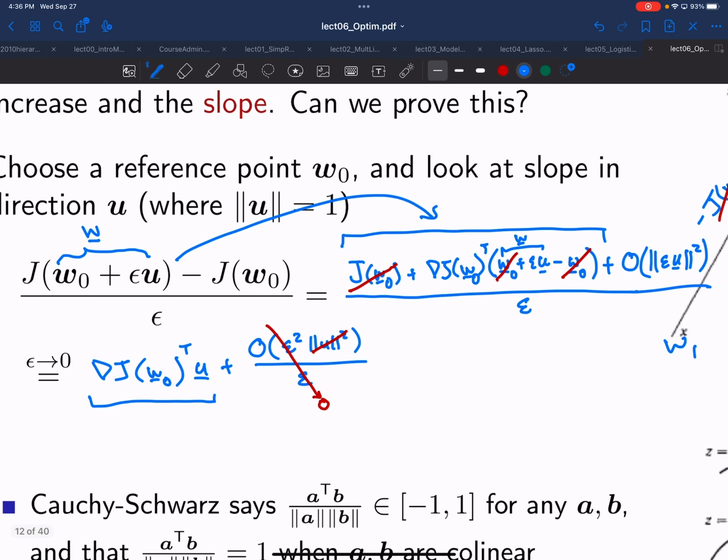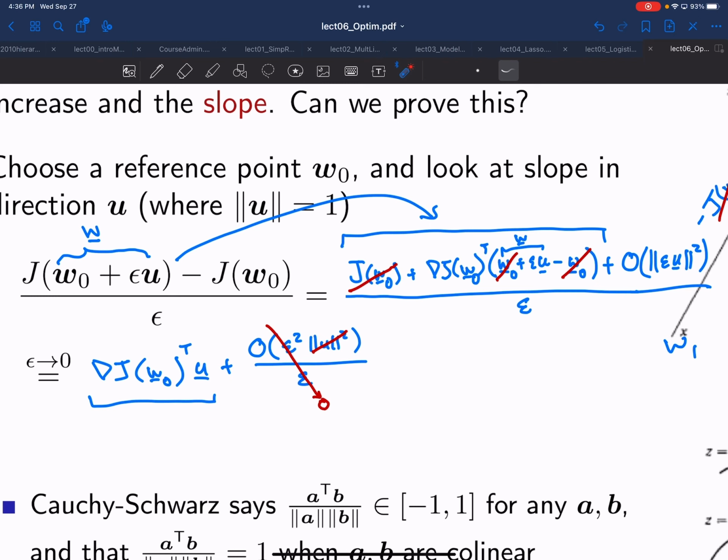And that is the notion behind these directional derivatives: you take an epsilon small step in some direction, and then you divide the change in height by epsilon, and you look at what happens when epsilon goes to 0. So in doing this, we basically found that this is our directional derivative. It's just the gradient transpose u.